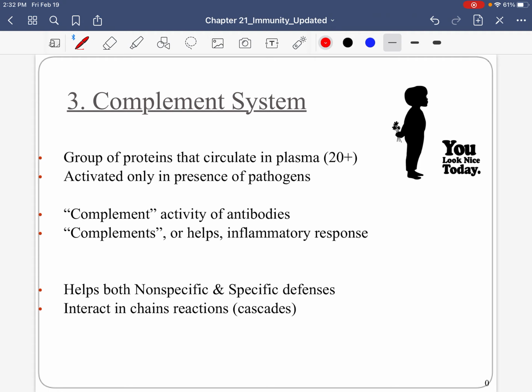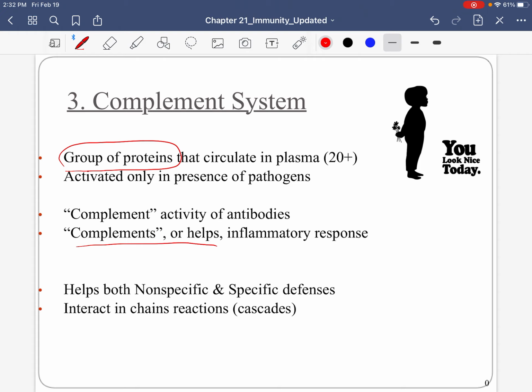You look nice today. Okay, the complement system is a group of proteins. And overall, they get the name of the complement system because they complement or help the immune system do what it's already doing.